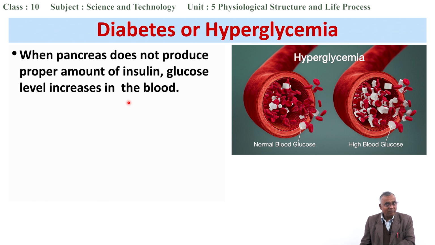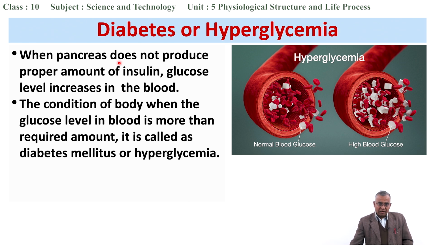If its amount is less, glucose is not consumed, so the amount of glucose is found more in blood, and that is called hyperglycemia or diabetes: the condition of the body when the glucose level in blood is more than the required amount.